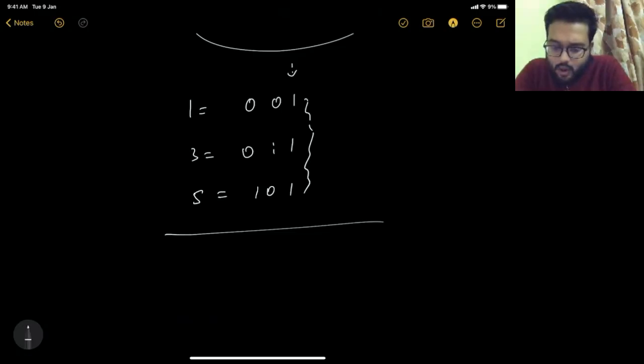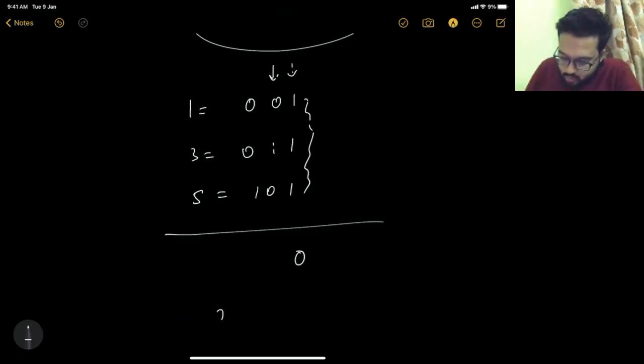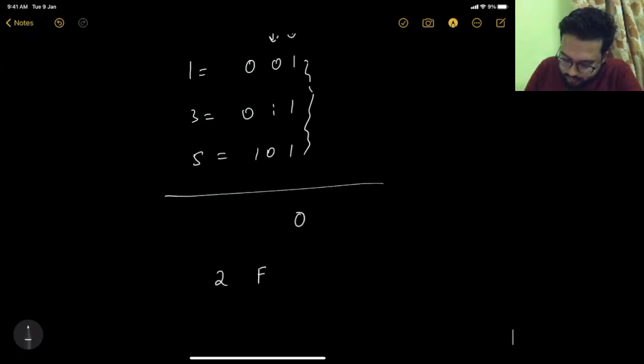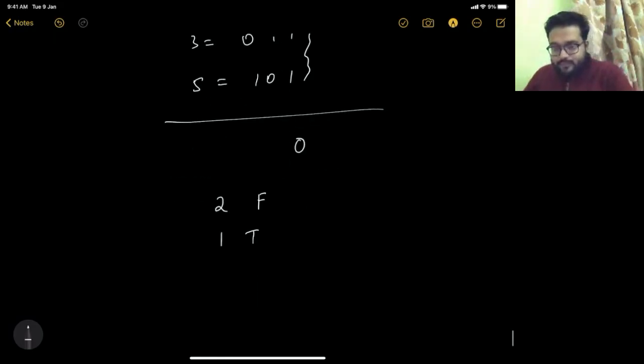It means I want to fill 2 placeholders. The first placeholder must come from the false and the second placeholder must come from the true. Isn't that correct, guys? For false, I have 2 options to pick from. For true, I only have 1 option to pick from. So if I just do 2 into 1, do you appreciate this will give me the number of pairs which will contribute a 1?